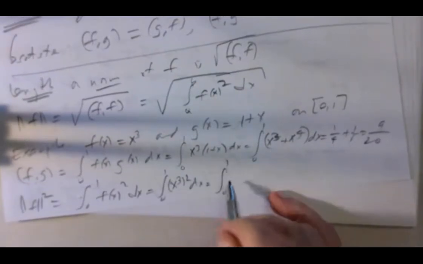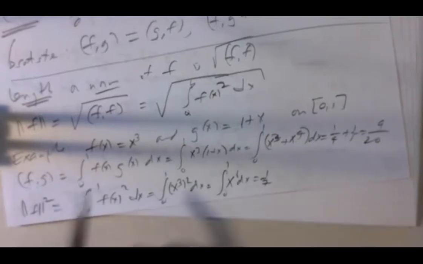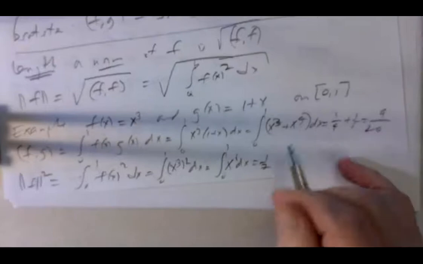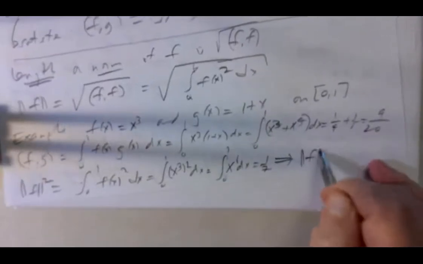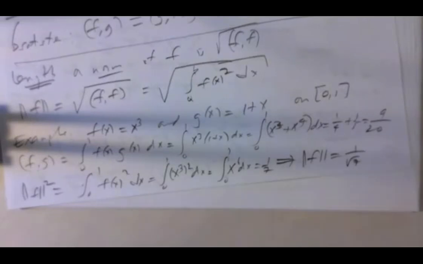That's the integral from 0 to 1 of x to the 6th, which is 1/7. That's the norm squared. So the norm of f is 1 over the square root of 7. So this is just simple calculus.